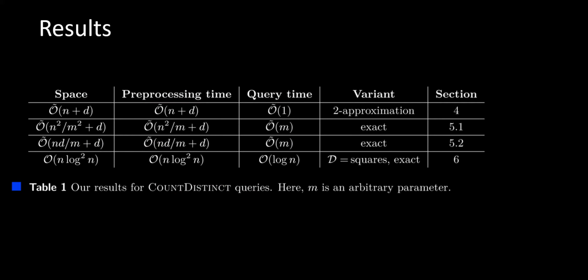We also have presented a trade-off. So you can see that there is an M here. N is the length of the text, and M is an arbitrary parameter.